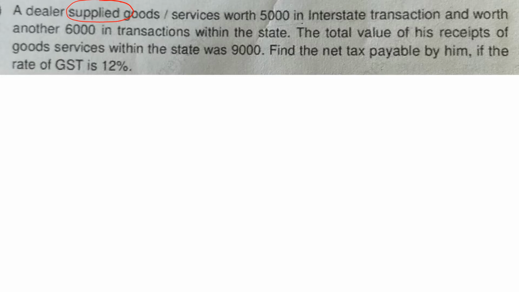So he supplies worth rupees 5,000, but that is interstate transaction, which means there will be only IGST involved, and worth another 6,000 in the transactions which are within the state. Now, intrastate means we will have to find CGST and SGST, and this will be all on his supplies.